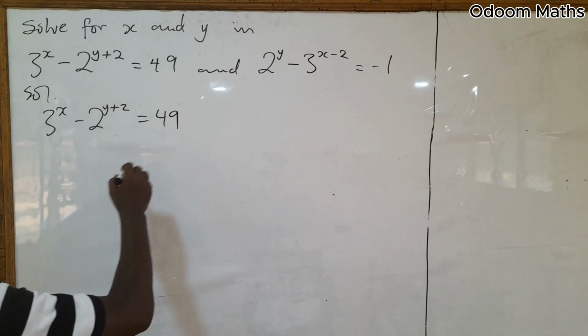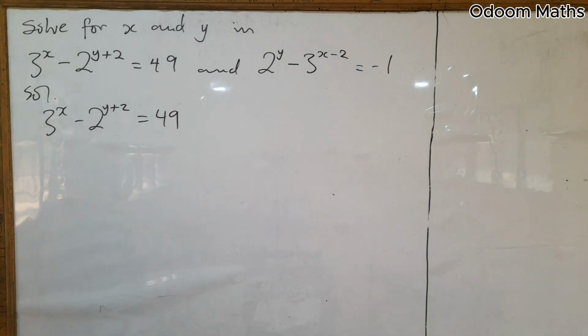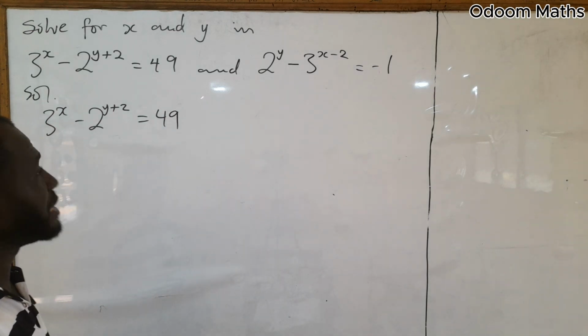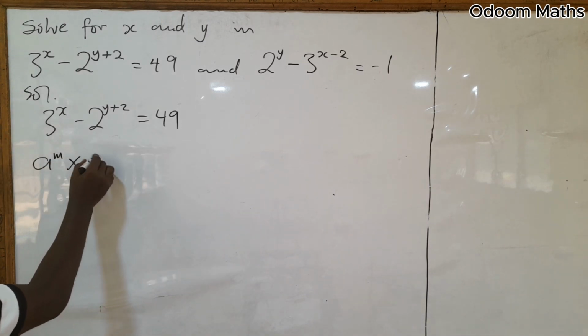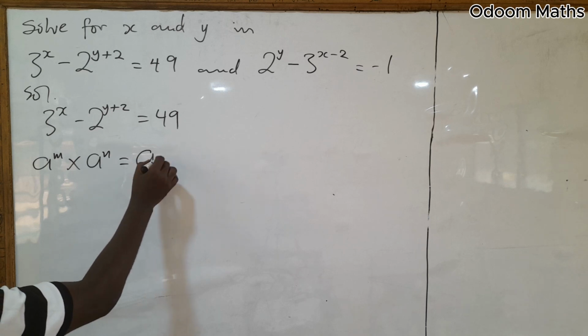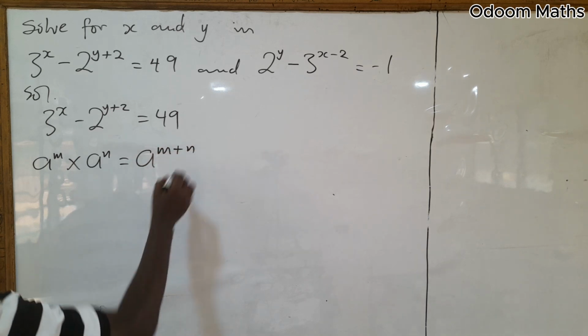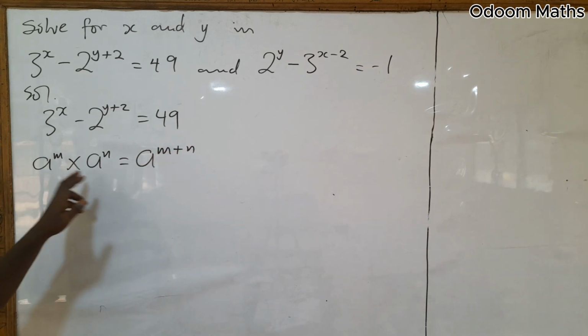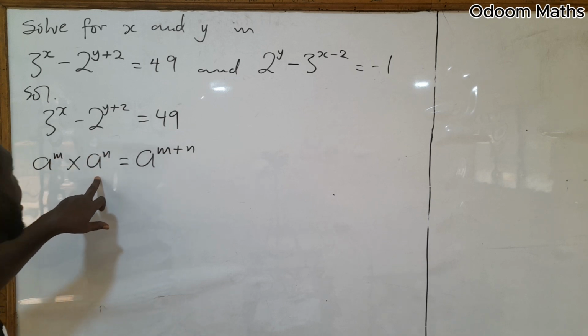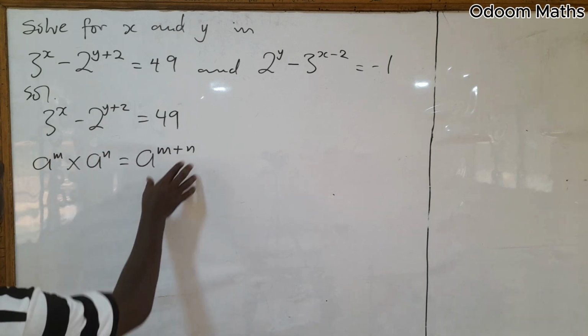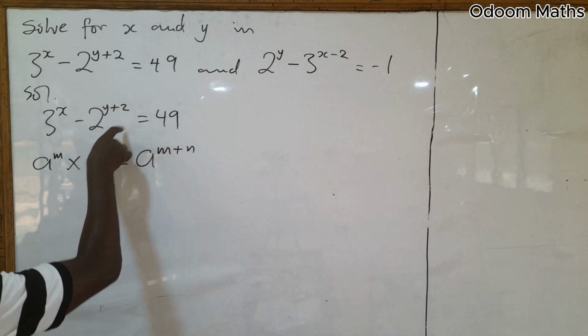Okay, so from this one, let's remind ourselves of the first law of indices. That is a to the power m times a to the power n becomes a to the power m plus n. That is, when you have the same base multiplying, we just add the powers of the bases. So this is being applied here.